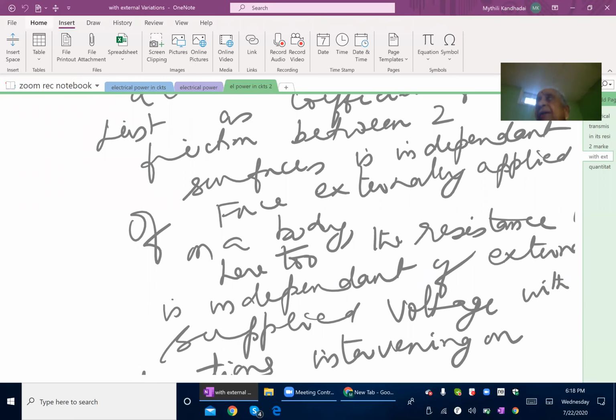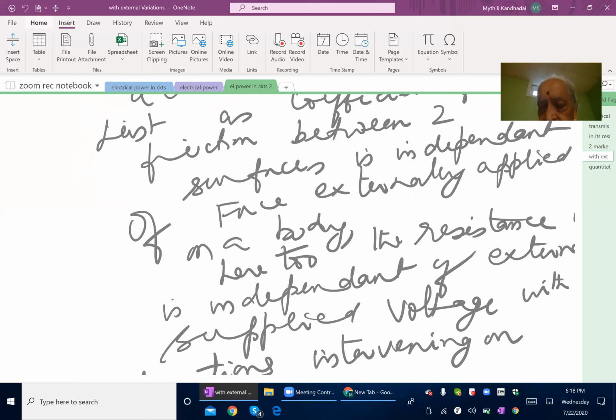However, I cannot say that the external force is also independent of resistance, because that is going to give an acceleration which will be F applied by M, or F minus frictional force by M. F by M will be acceleration when no friction is there. F minus frictional force by M will give me the acceleration with friction in play.